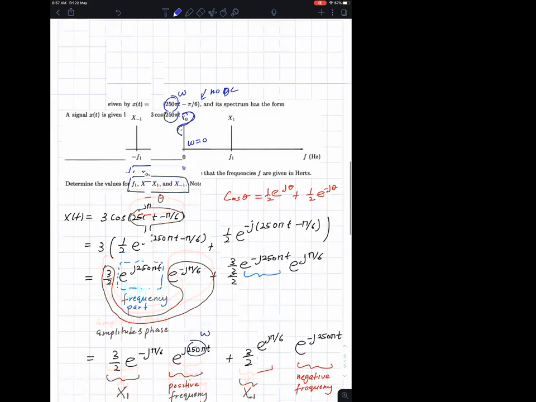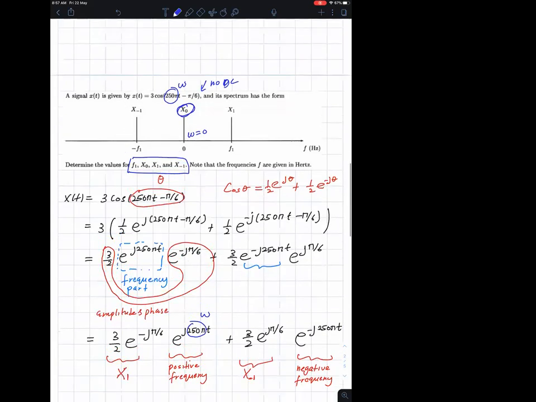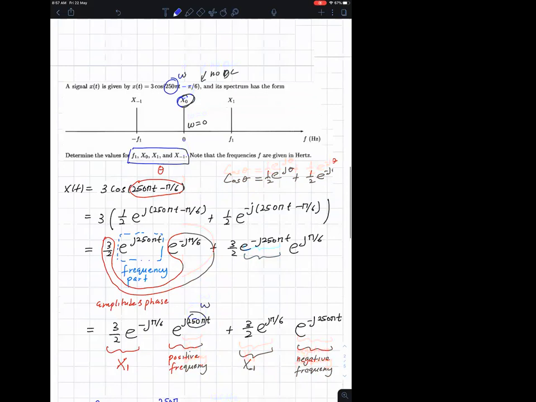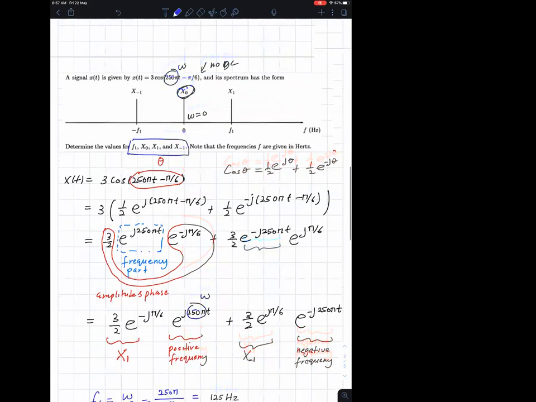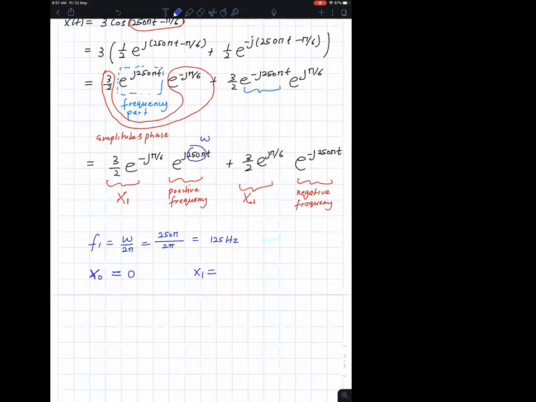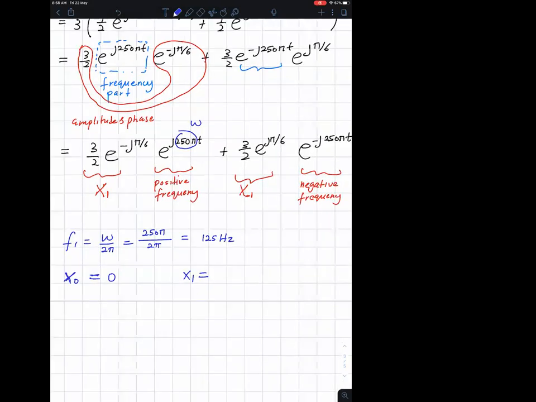Then what about X1? X1 is equal to what? G? 3/2, sir. Are you sure, G? Yes, sir. 3/2 e negative j omega over 6.